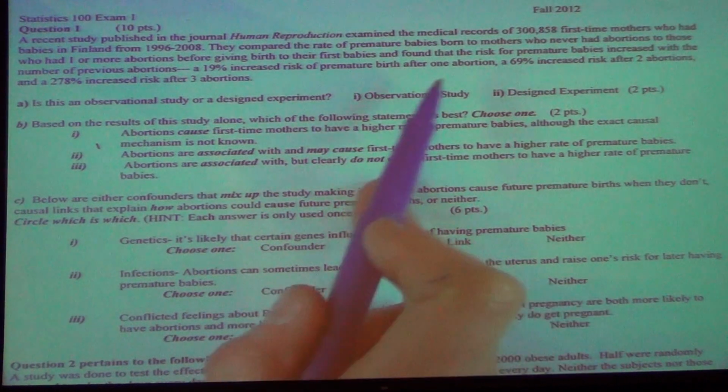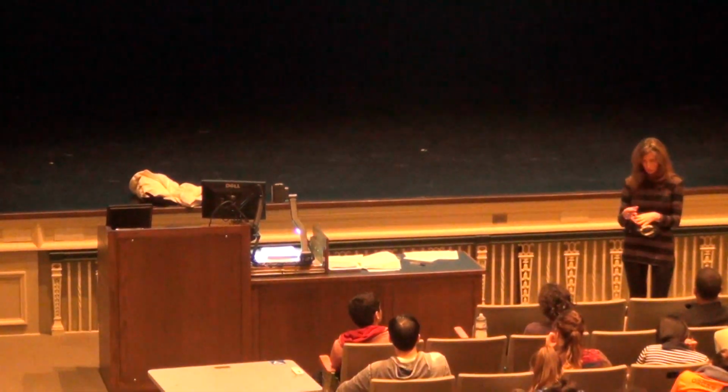So they looked at this, and you see these two things together, and you naturally wonder, does having abortions somehow cause you later to give birth to more, raise your risk for having premature babies? Well, it might, but you have to think, are there other differences between women who have abortions and women who don't?